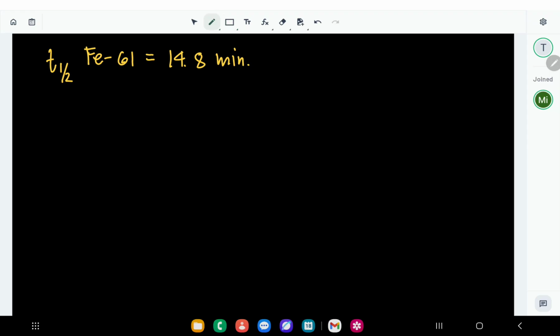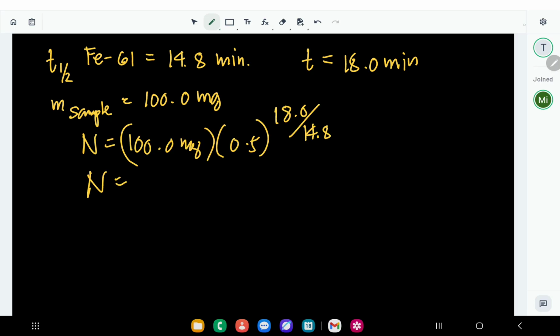The mass of the sample is 100 milligrams. How much will remain after 18 minutes? So we're given the time elapsed, which is 18.0 minutes. Round your answer to 1 decimal place.